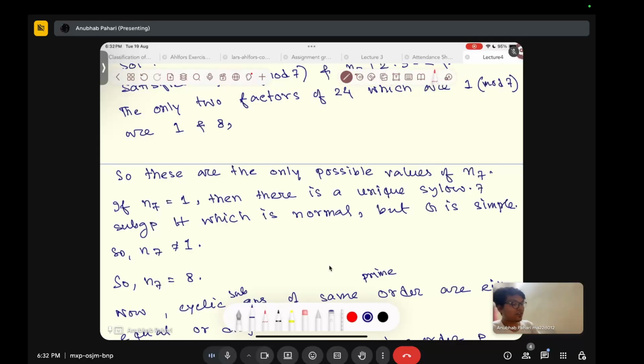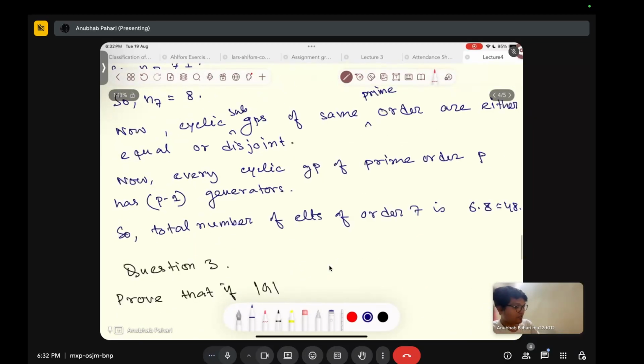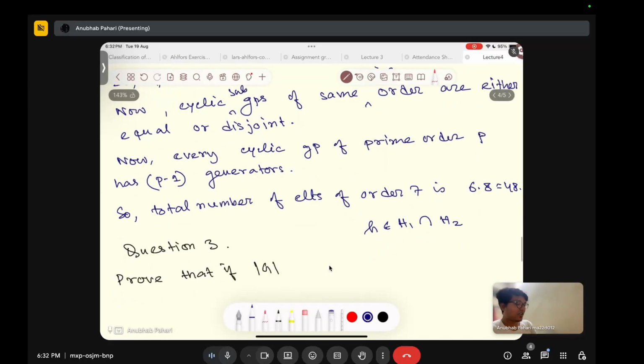That is the point. Suppose H1 is our first one and H2 is our second one, and suppose h is a non-trivial element contained in both of these. Then you just multiply, take orders up to h, 6.